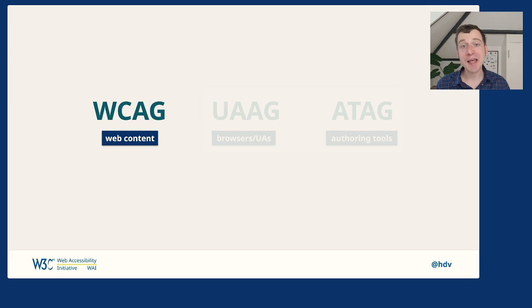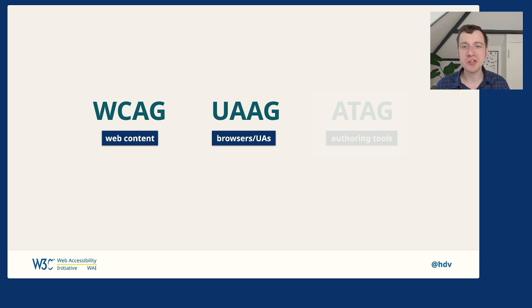Now, to that extent, at WAI we have 3 web standards that are about the accessibility of web content ultimately. Many people will be familiar with the WCAG standard, which stands for the Web Content Accessibility Guidelines. But there are 2 more sets of guidelines that are very closely related and that together really create that picture of an accessible web. So there is the Web Content Accessibility Guidelines about web content itself. But what about the software that people use to access web content?